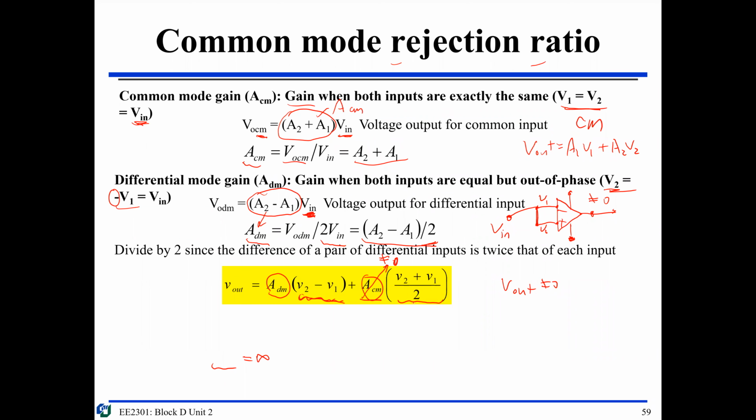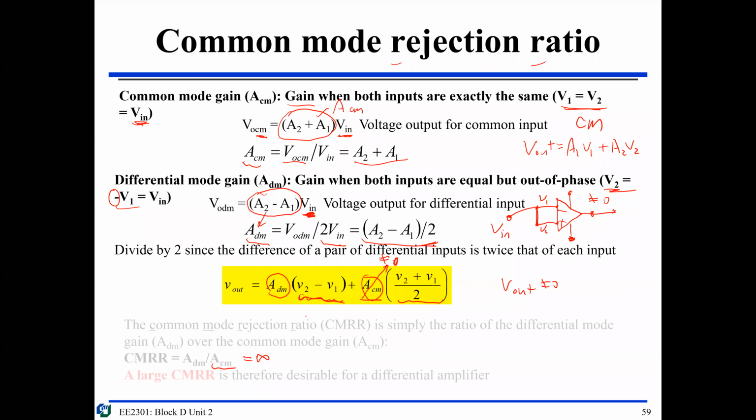If V1 and V2 are opposite, then your V out may not be exactly 0.